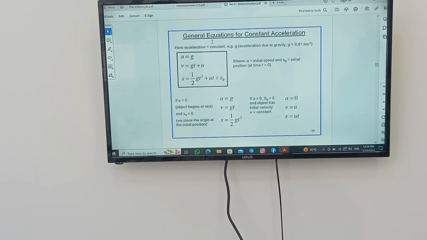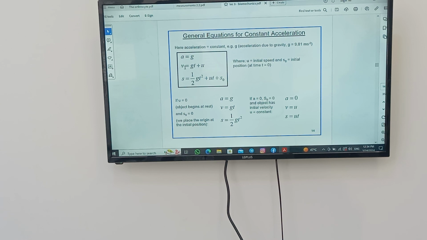General equation of constant acceleration. Here, the acceleration equals a constant. For example, acceleration due to gravity equals 9.81 meters per second squared. So the acceleration equals gravity.